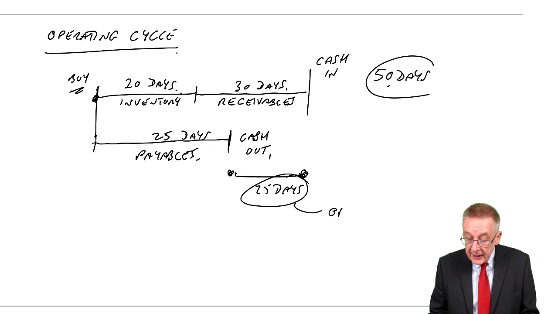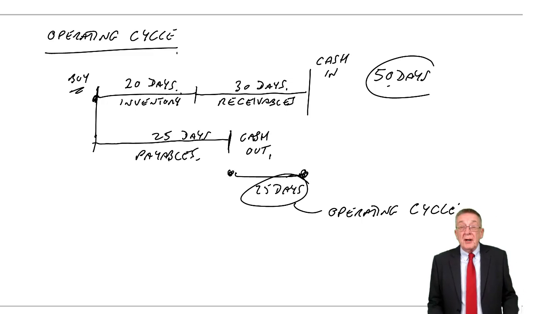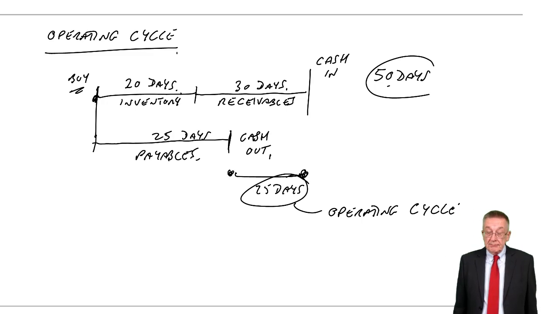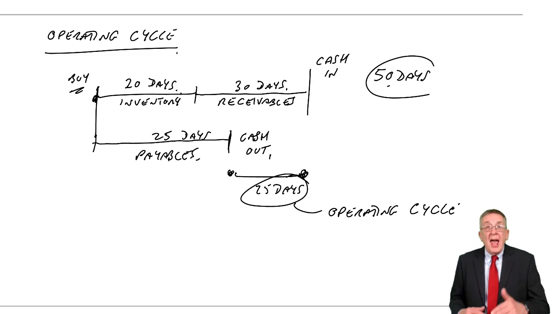And we call that the operating cycle. Or as you can see on the top of the page, the cash operating cycle or the working capital cycle. And so it's an overall measure of how long we're being without cash.